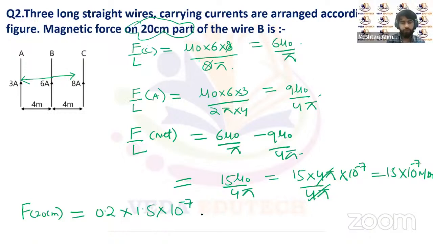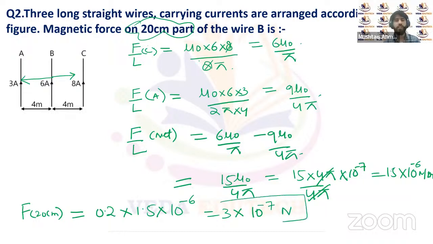So it will be 3 into 10 to the power minus 8 newtons. So this much of force will be acting on the 20 centimeter part of wire B. So this is how we can apply the equation: mu naught I1 I2 upon 2 pi d is the force per unit length between the two current carrying conductors.